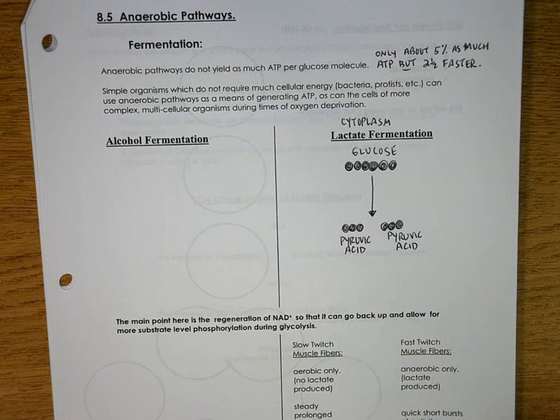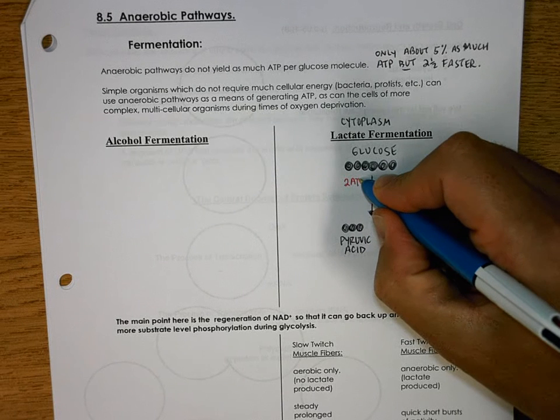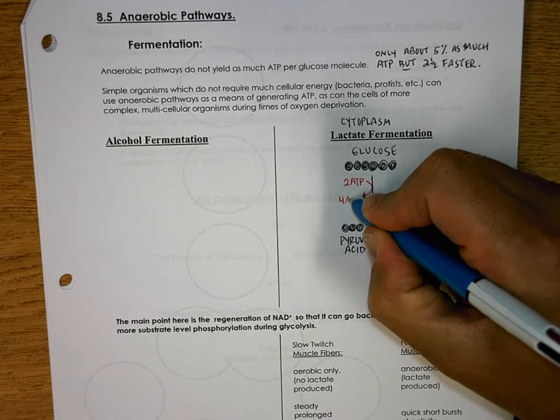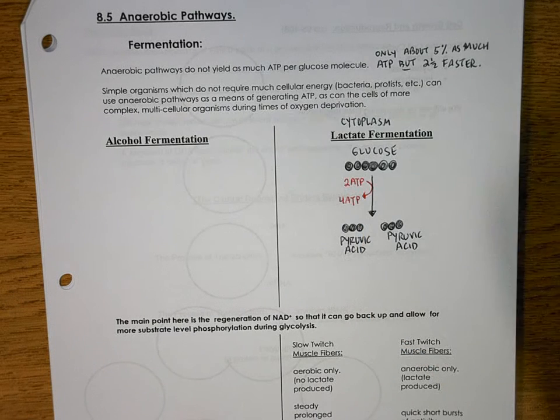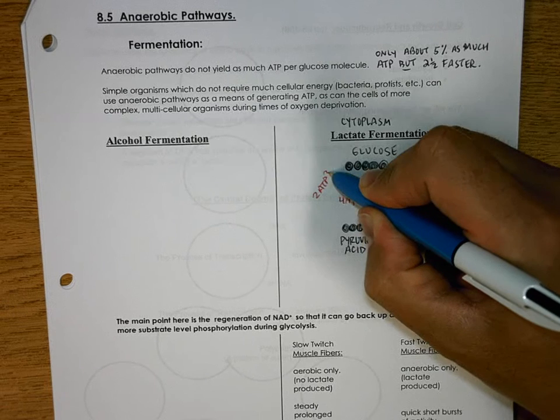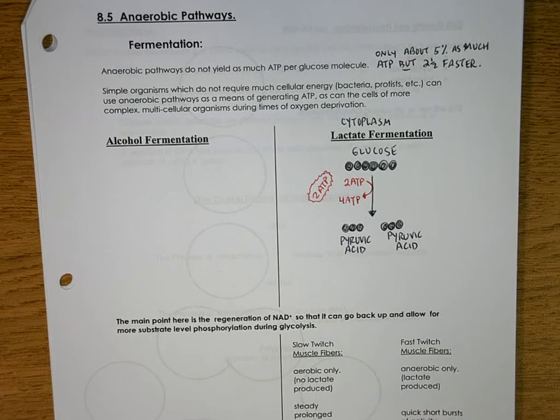Now, to make that happen, if you remember, we need to invest 2 ATPs into this. We will get 4 ATPs out for a net gain of 2 ATPs, because 4 minus 2 is 2. That might be where they get the 5%, although it's more like 6% of the 36 we would expect. But maybe I did that math wrong.